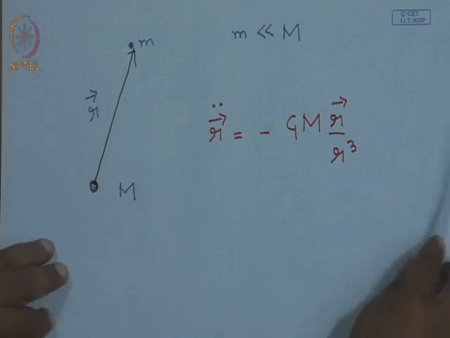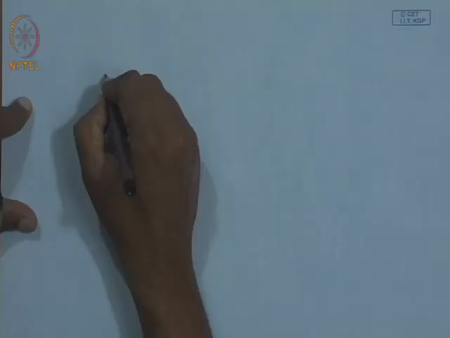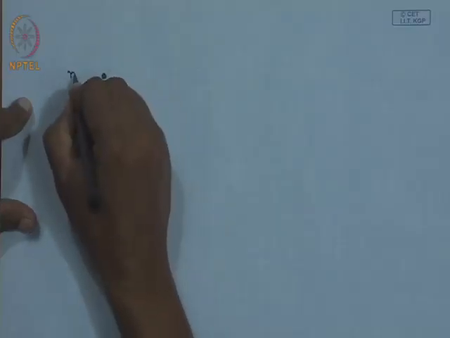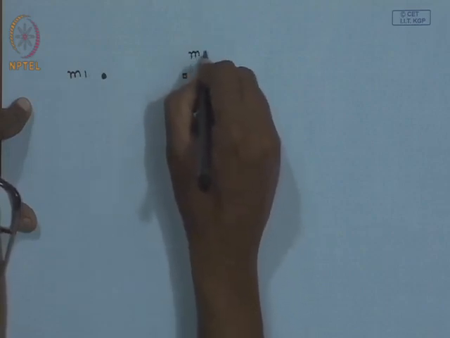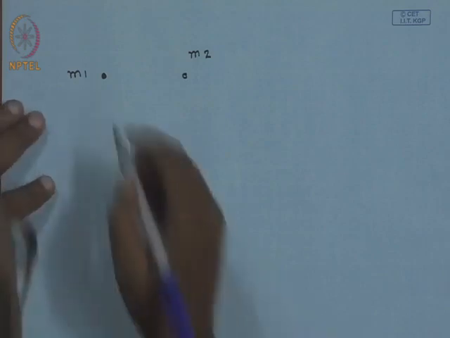Now, today we shall be discussing a different system. Here we have two masses m1 and m2. And these masses may be comparable.